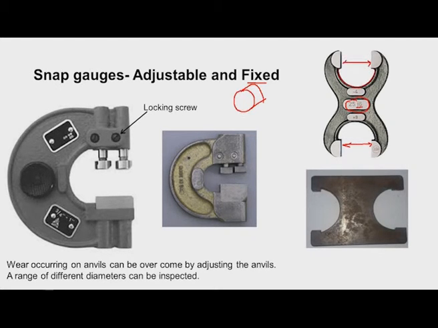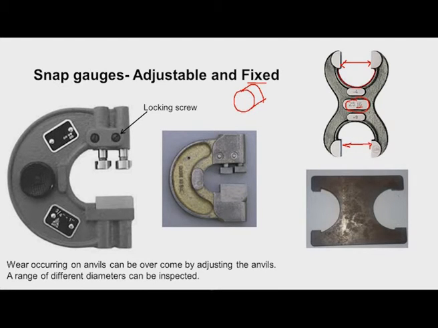Due to continuous usage this gap will change. In that case, one thing is we can send these worn out gauges for repair, that means they will coat maybe chrome plating or TIN coating, and again they will repair it.